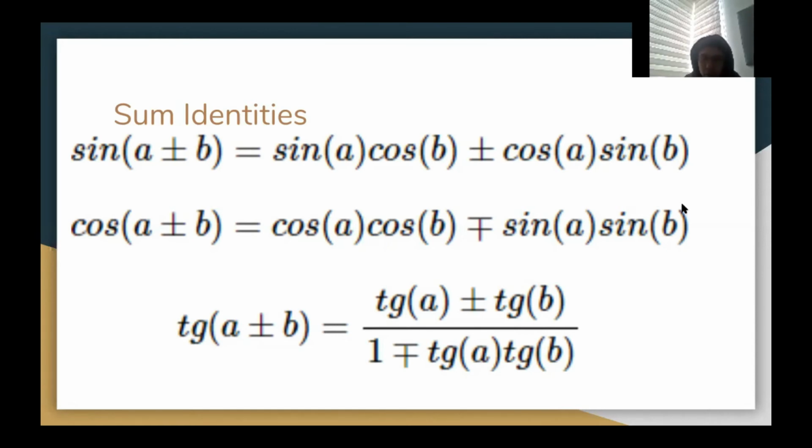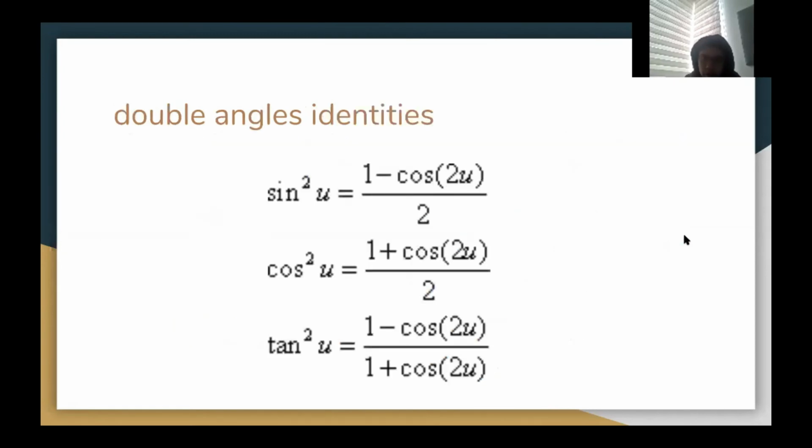Now, the other identities are the double angle identities: sine square of u is equal to 1 minus cosine of 2u, divided by 2.